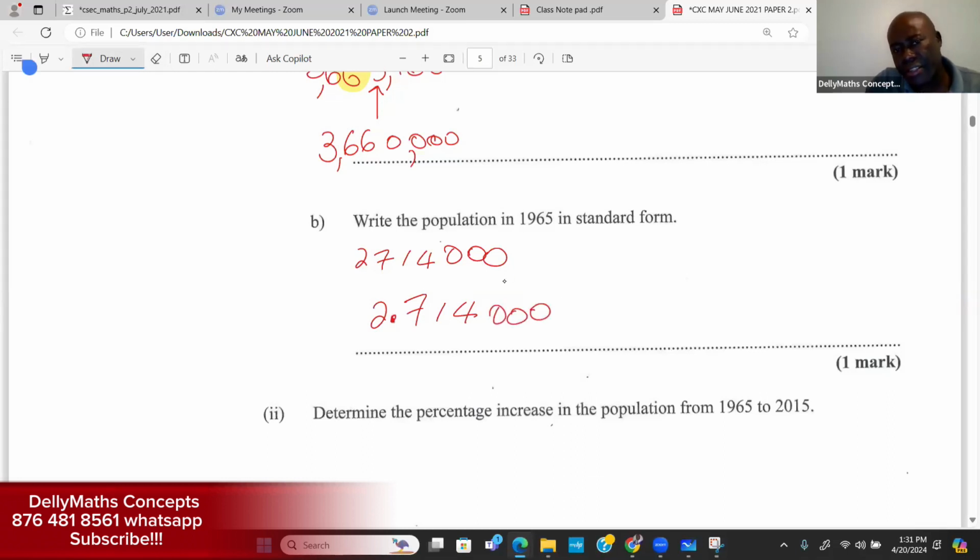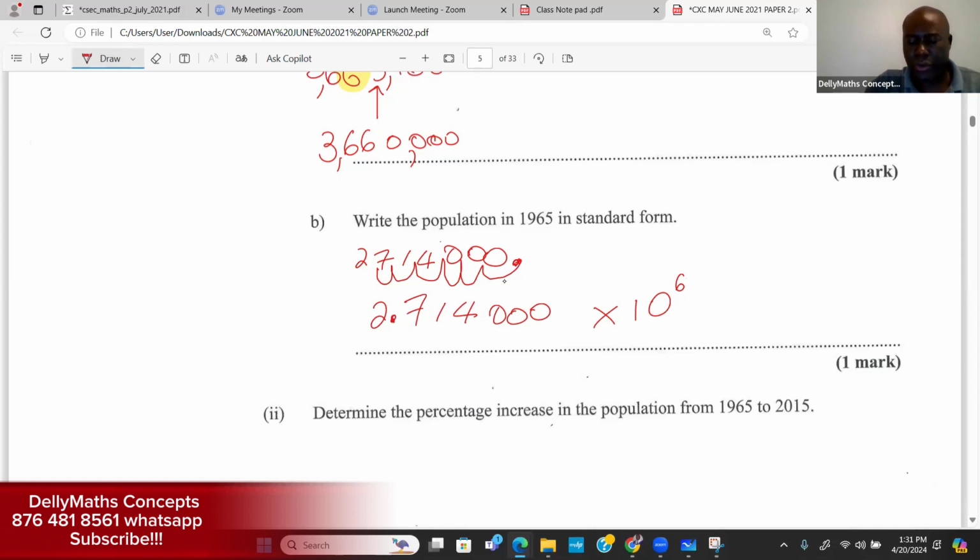So we're going to get this here, and it's going to be times 10 raised to some power. Remember, when you do not see the decimal point, it's at the back. So let us check how many places it would have moved. It moved 1, 2, 3, 4, 5, 6. So it moves 6 places to get there. So basically, this is 2.714000 times 10 raised to the 6th power.